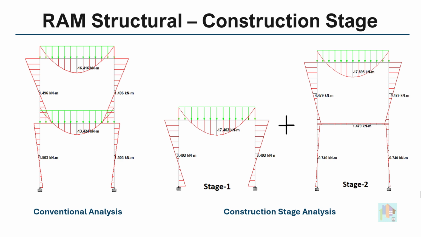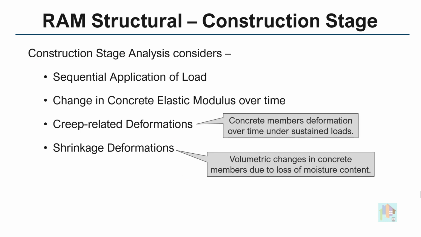Also, the concrete strength is not at 100%. There are several structural aspects like change of concrete modulus over time, creep and shrinkage deformation, which are directly related to this construction and loading phase. Effect of this on structural behavior along with sequential application of load needs to be considered during analysis.